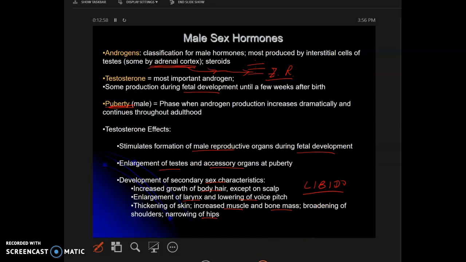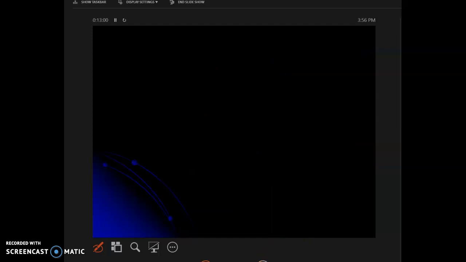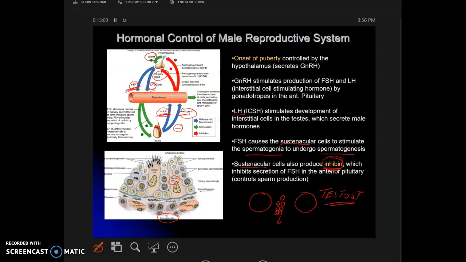So, extremely beautiful play of hormones. Follicle stimulating hormone will stimulate formation of sperms. But what's the use of sperms if you don't have any urge or drive?